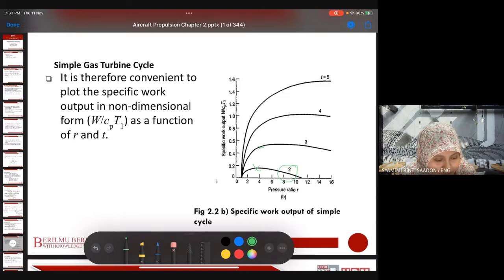If we increase the pressure ratio further, the work output will start to decrease.